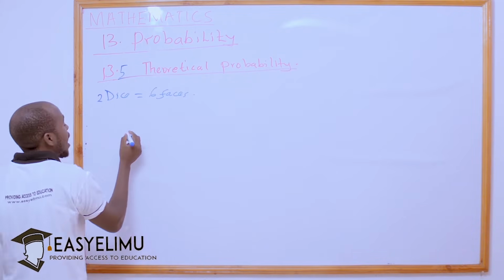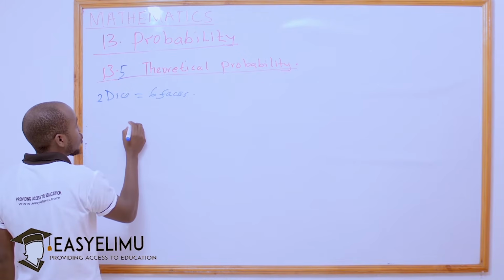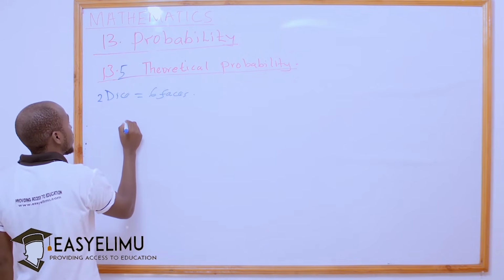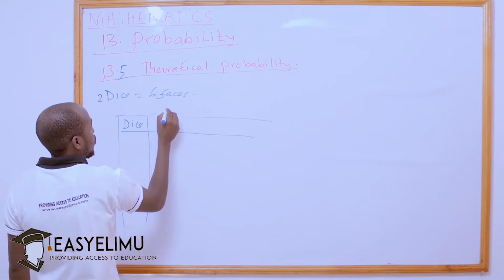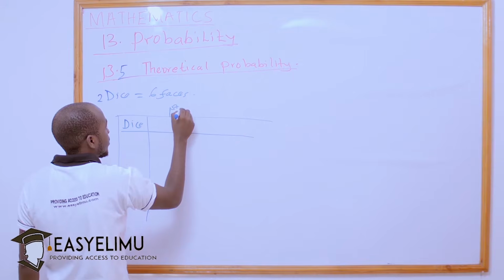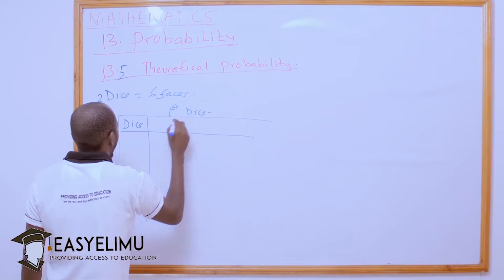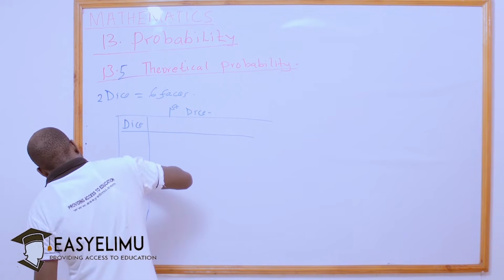In that case, we shall construct our probability space such that we have the first dice here, and here we have the second dice.